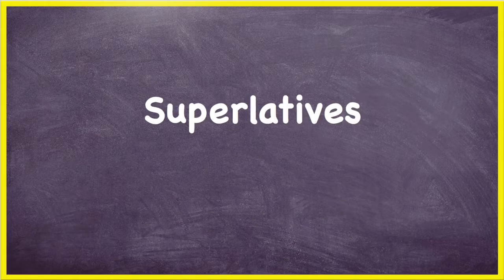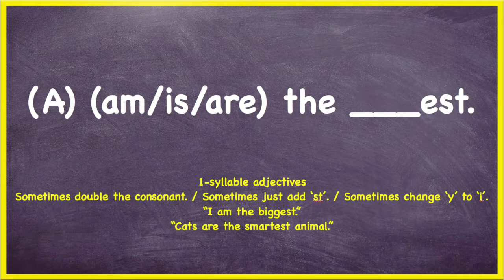And starting with one-syllable adjectives, just like comparatives, you would say the subject, right? We're using A as the subject here. The subject is the adjective est. All right? So for example, I am the biggest, or cats are the smartest animal, right?